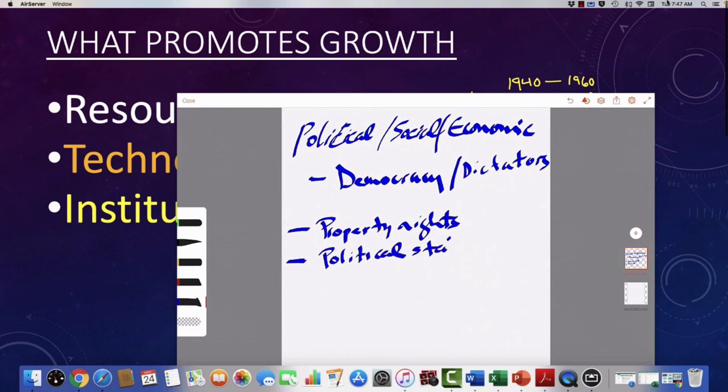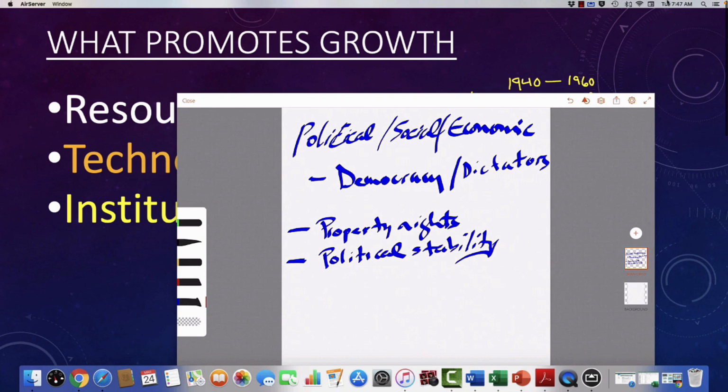political stability. Political stability refers to the idea that anytime there's a change in leadership, it goes smoothly. There aren't riots. There aren't gun battles in the streets if your political candidate doesn't win.